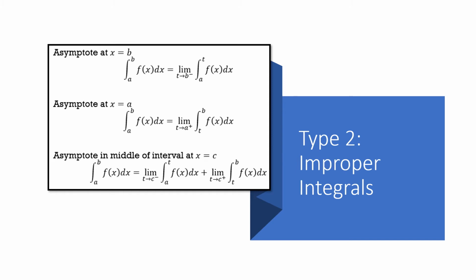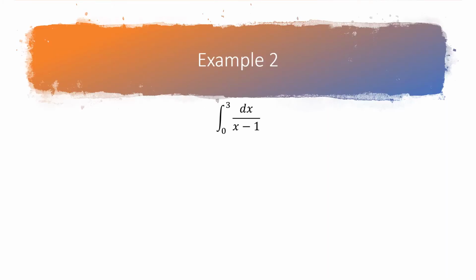Or you can have your asymptote be in the lower bound, so you have the limit as t approaches a from the right, from t to b of f of x dx. Or you could have some asymptote that's in the middle, and then you'd have to run two integrals to solve that with two limits.